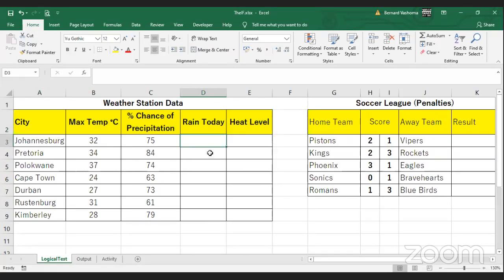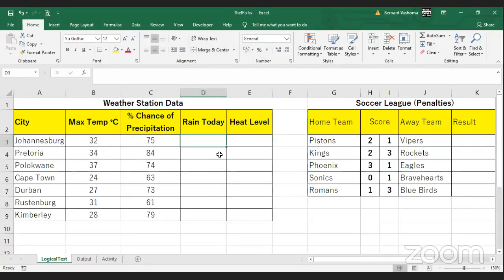Like for example, here we want to check whether it's going to rain or there's going to be no rain. So in a typical question, if the chance of precipitation is greater than 80%, it's likely to rain. So now in your mind, you need to know, where do I get the chances of precipitation? In this case, it's in column C.